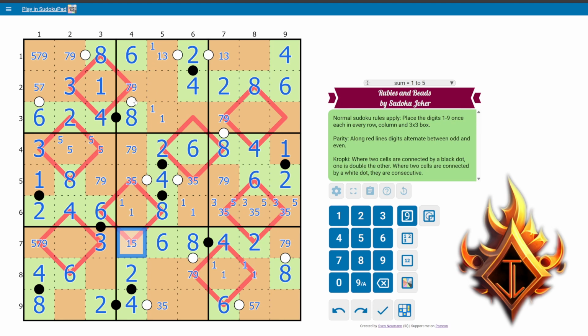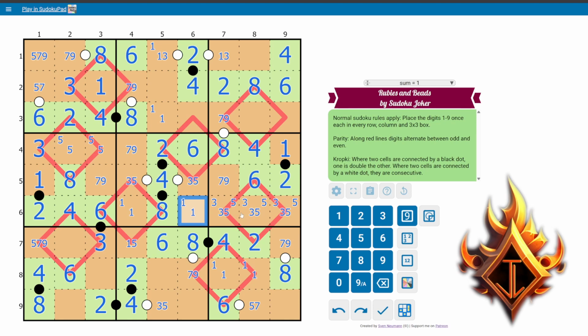Okay, the 7, 9 here is this one because it will have to go down here. So this 7, 9 goes along the bottom, but it can't go here because of that one.